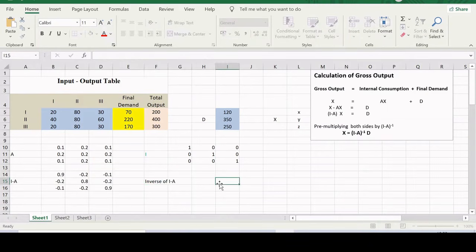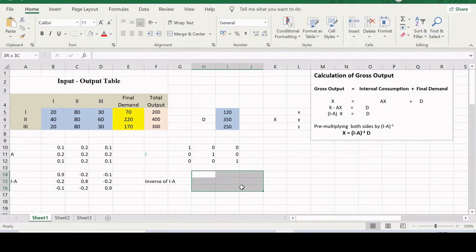we need to again select the range for the resulting matrix. As the Leontief matrix is a 3 by 3 order matrix, its inverse will also be a 3 by 3 order matrix. So after selecting the range for the inverse matrix, I am using the function for the inverse of a matrix, which is called MINVERSE.